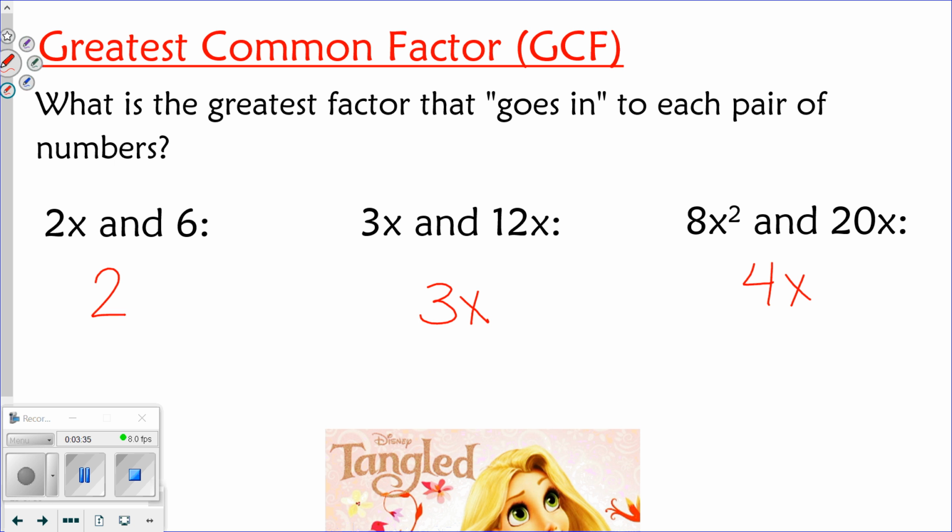Is that fair? It's not fair. So what you want to do is take as much as you can. I'm a mean mom, right? I'm going to punish them and take as much away from them as I can, as long as I can take the same from all of them. That's the big idea. So the variable one usually gets people, because they're like, well, I want to take an x squared, but that one doesn't have an x squared, so you can't, because I can't take it from all of them.